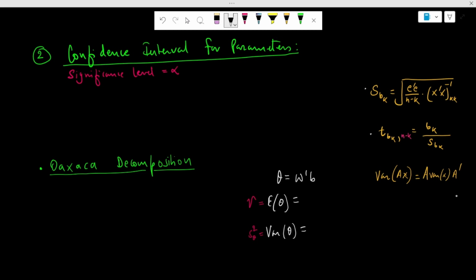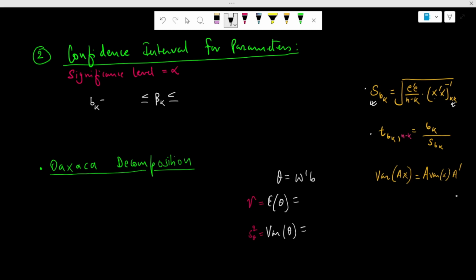Now, as we know how to calculate the t-score for an individual beta k, we can calculate the confidence interval as well. The population beta for the individual variable k is greater than or equal to, or less than or equal to, the sample beta minus the standard error associated with this particular beta k.